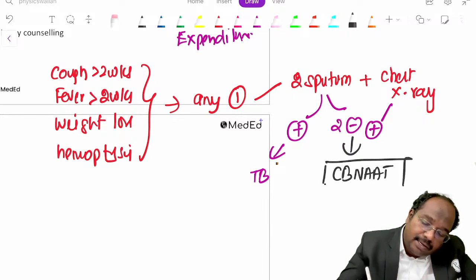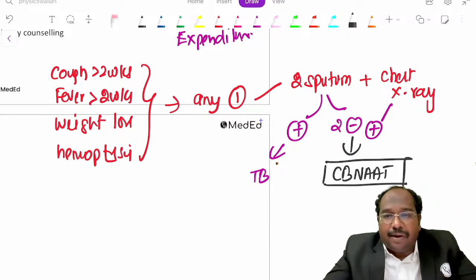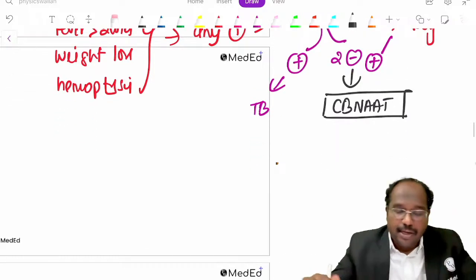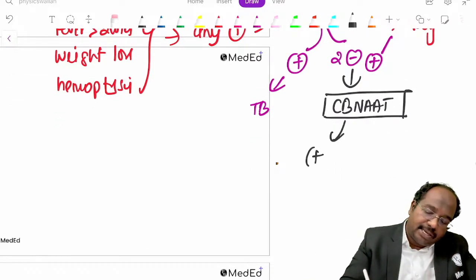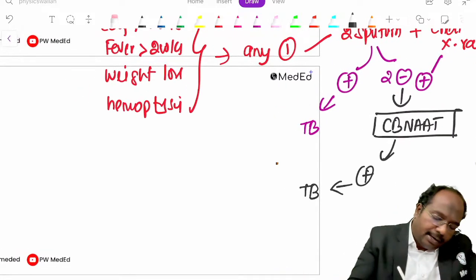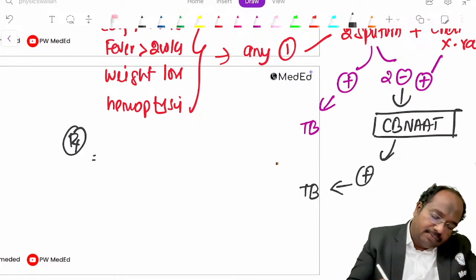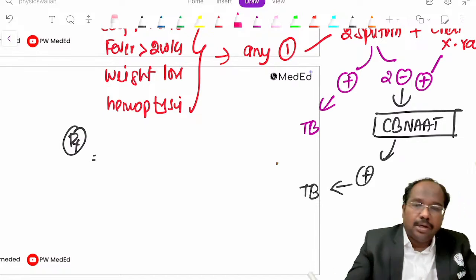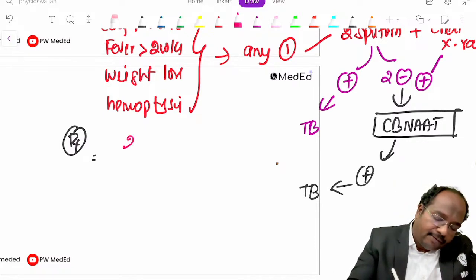It will also tell you the rifampicin sensitivity. If CB-NAT is positive, it is a case of TB. And treatment wise, we have DOTS. We have only one category, 2 HRZE plus 4 HRE.